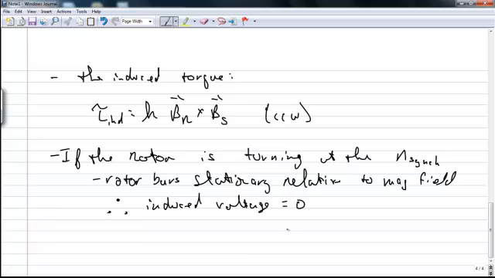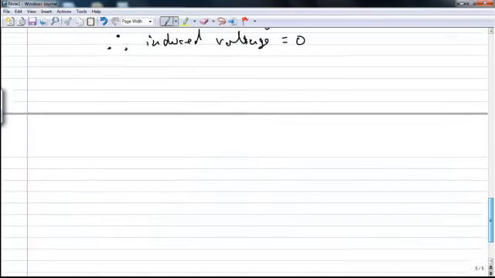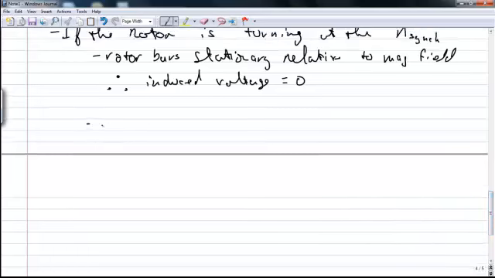Okay, if the induced voltage is zero, then we would have no current in the rotor. And if the rotor current is zero, then the magnetic field in the rotor would be zero.